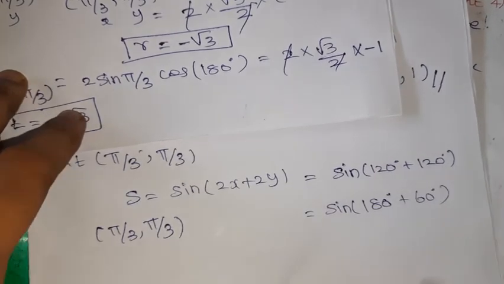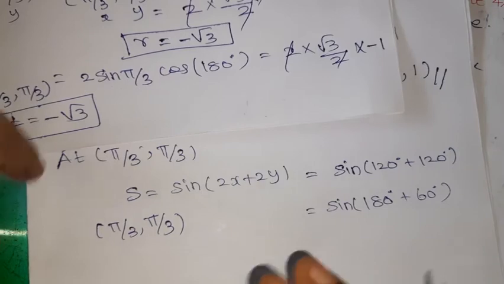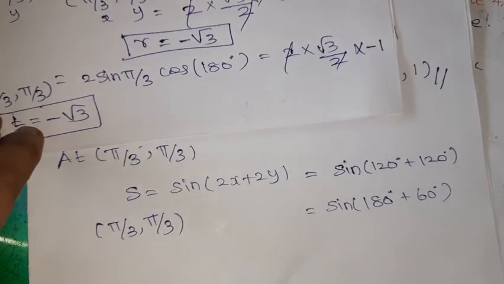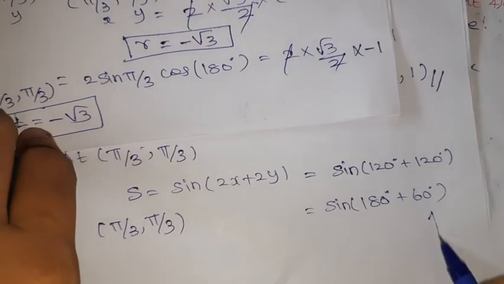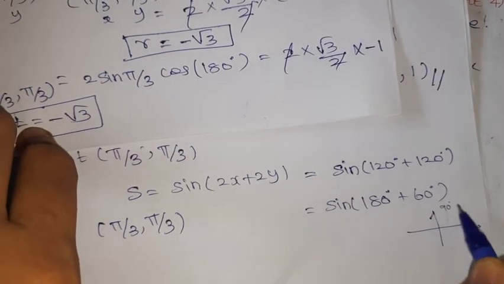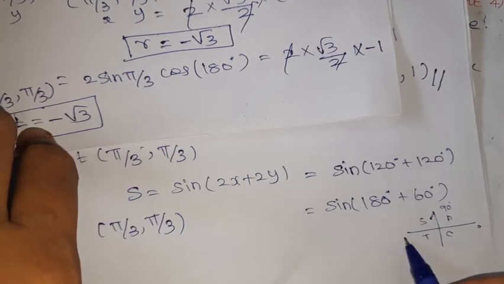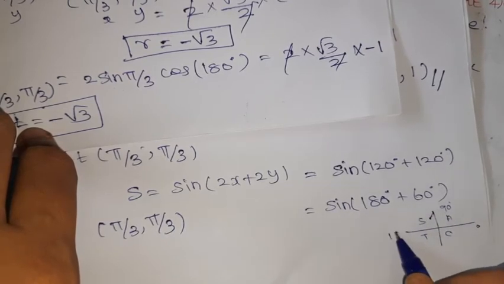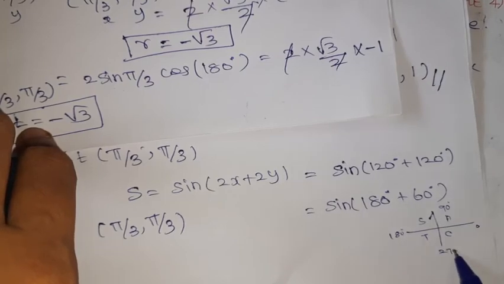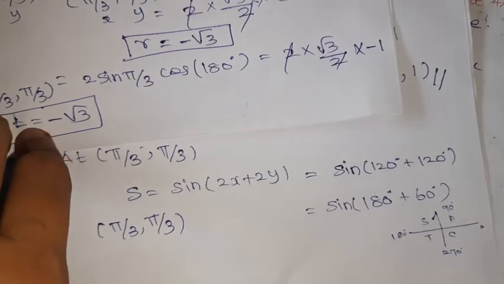By using the trigonometric form of 180 plus 60 degree, we know the basic all silver teacups quadrant formula. 180 plus 60 degree will come under the third quadrant.